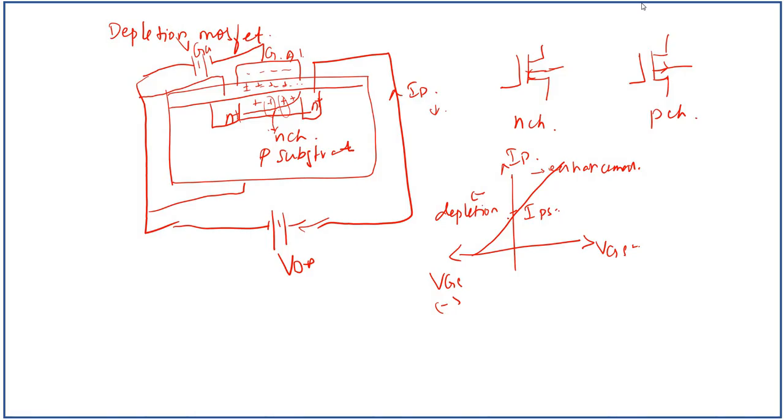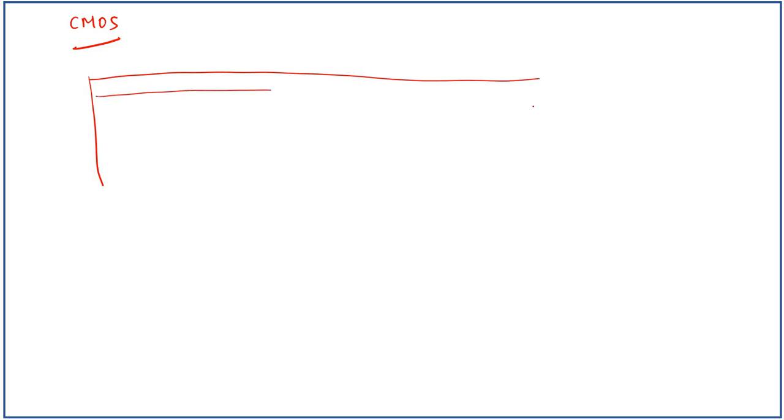Next, we shall see a special type of MOSFET called CMOS, complementary MOSFET. The diagram is like this. We have two MOSFETs together. We have the SiO2 layer here.